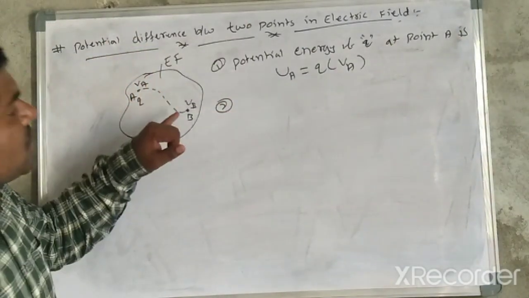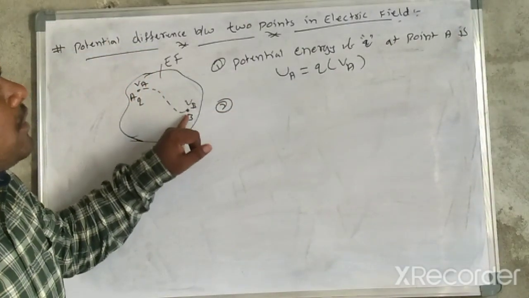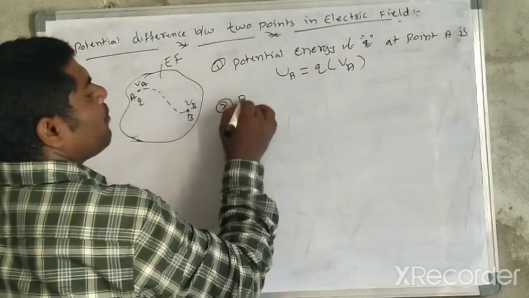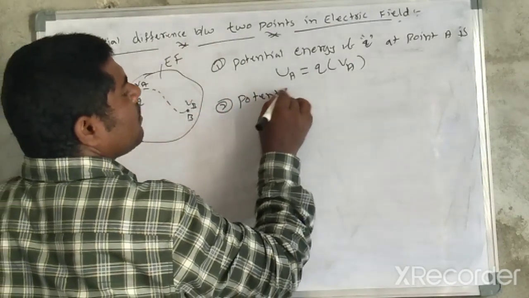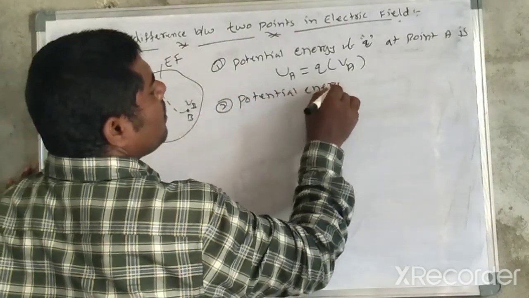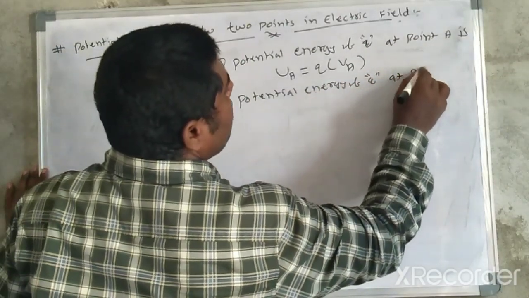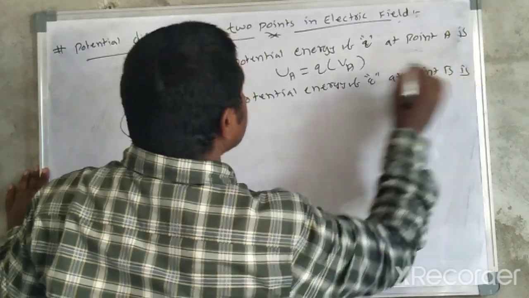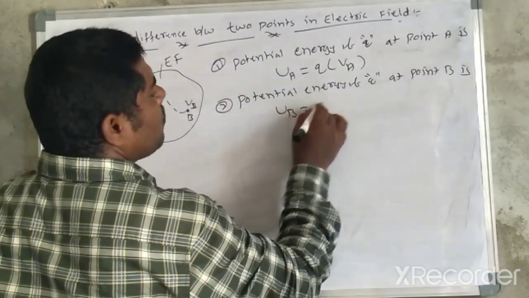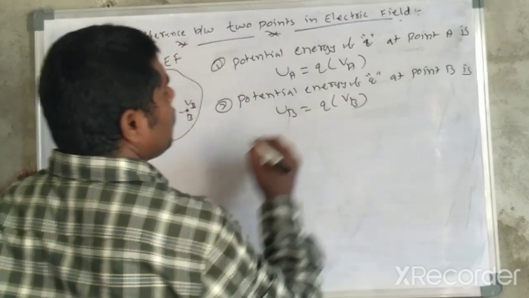Similarly, the potential energy of Q at point B is UB, which is equal to Q into VB.